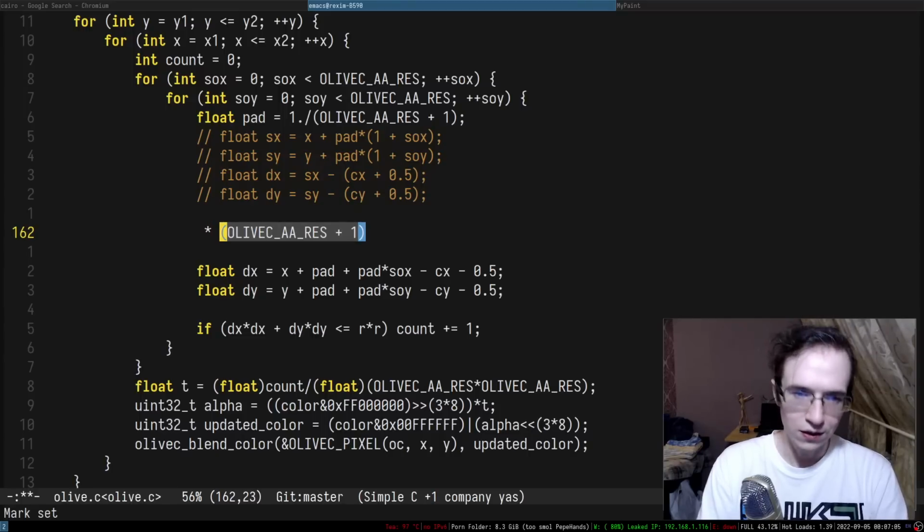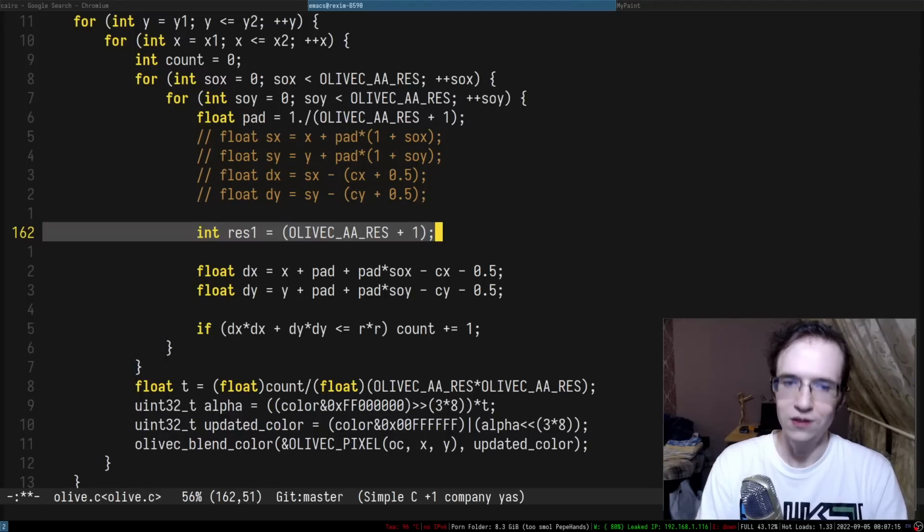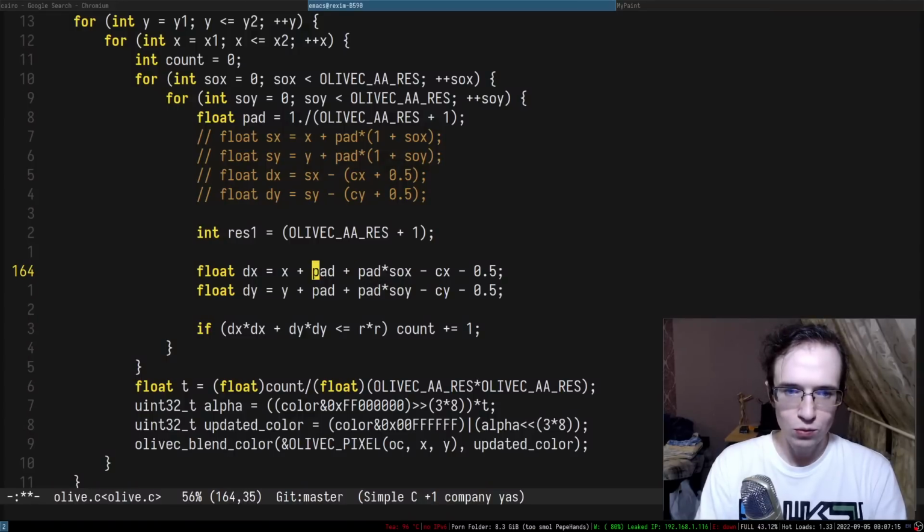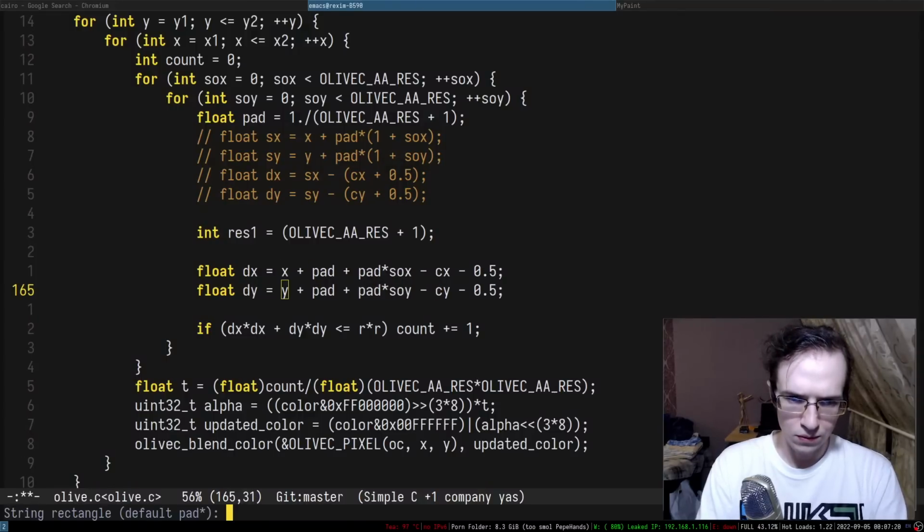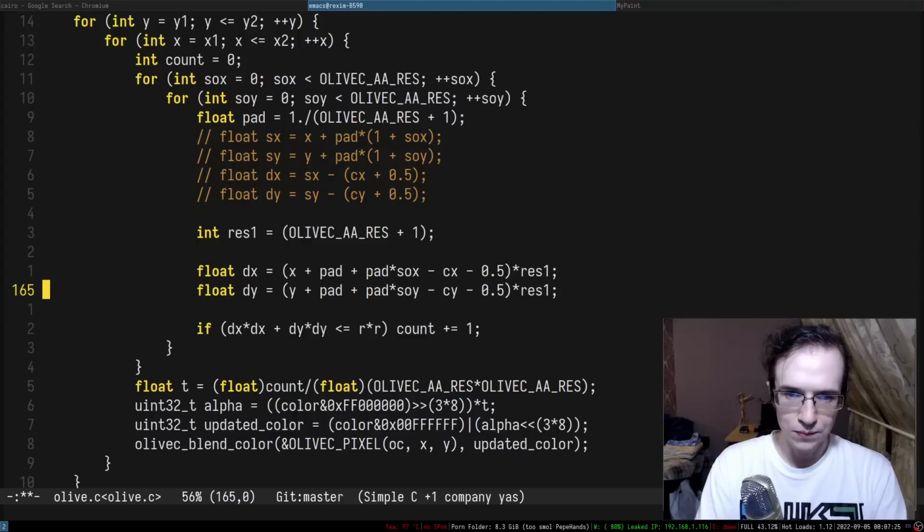So let's try to do that. Let me actually put this thing to integer. So this is going to be res1, indicating that it's res plus 1. Once you multiply it by res plus 1, what's going to happen? Let's just multiply it by res plus 1.